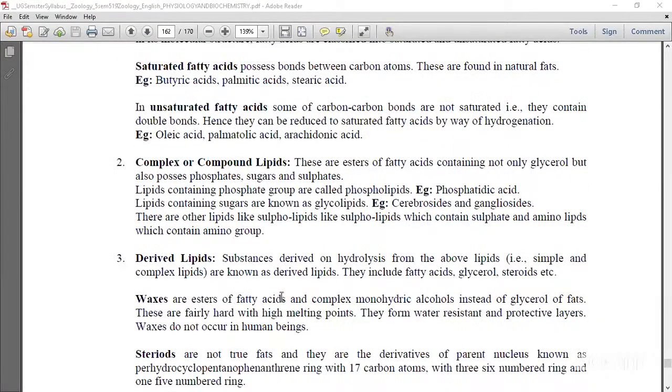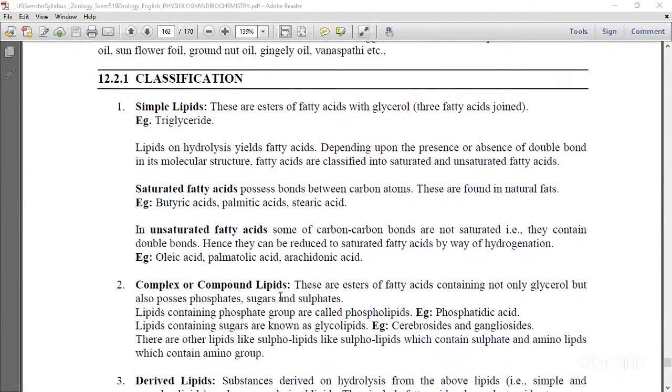The other one is derived lipids. Simple lipids are the esters of fatty acids with glycerol.